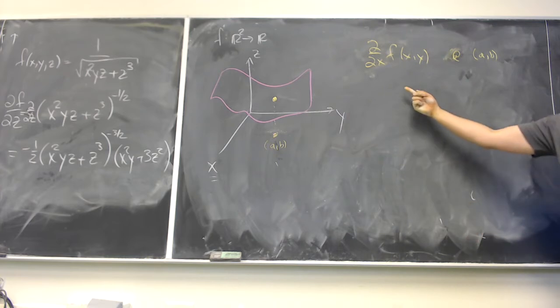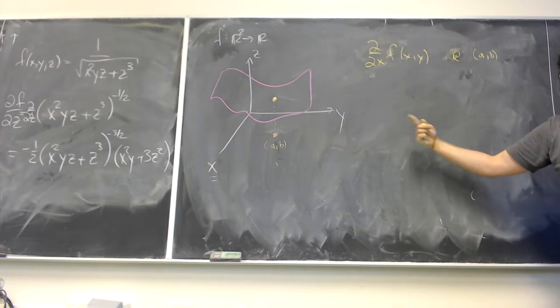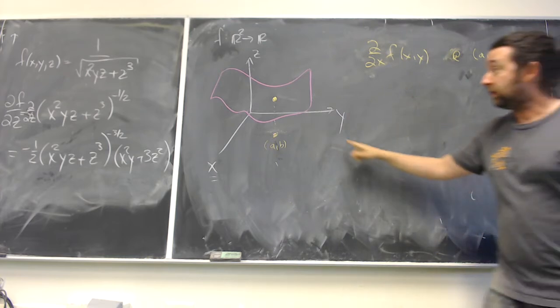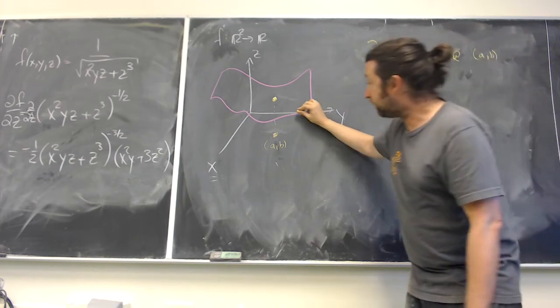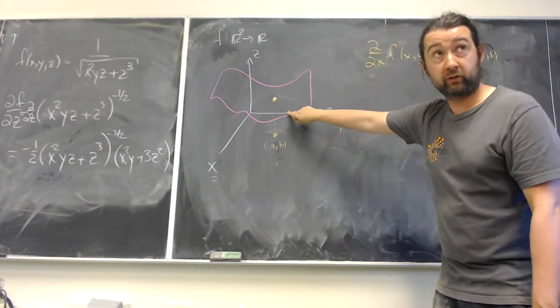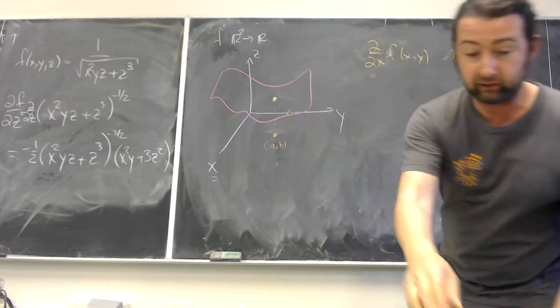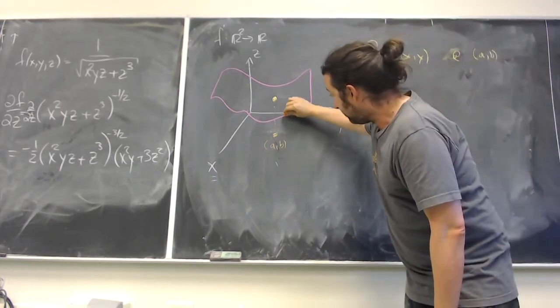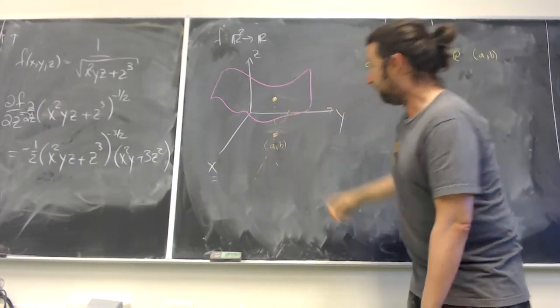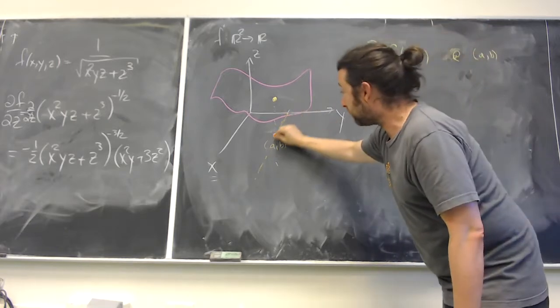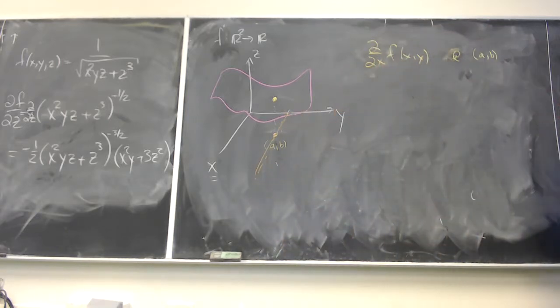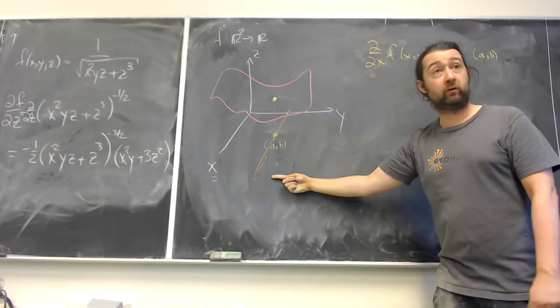Well, which variable are we holding constant in this problem? Y is being held constant, right? So whatever value of y corresponded to this point, we're holding it constant, which means there's this line that goes through here of points that have the same y coordinate. Everything on this line has the same y coordinate.